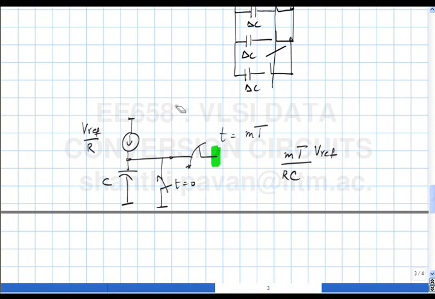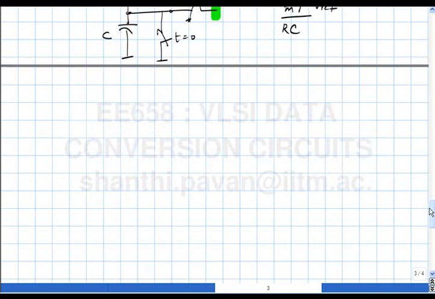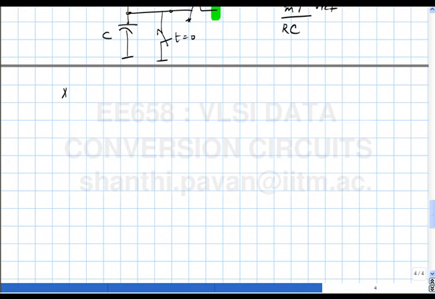All right. The last thing to consider is the Opamp non-ideality. The first non-ideality you can think of is finite DC gain. What happens if there is finite DC gain?